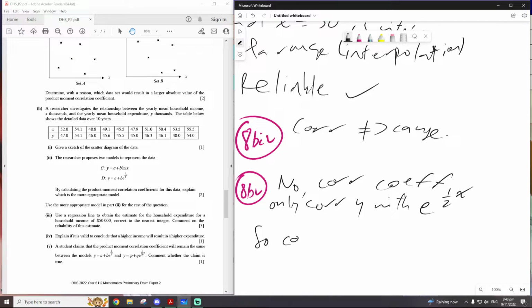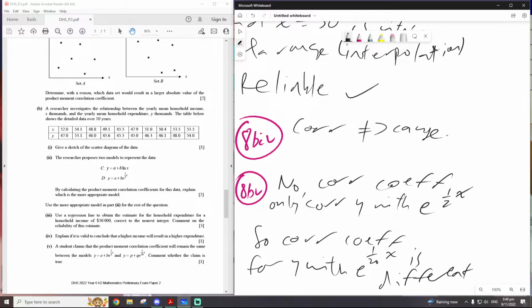So the correlation coefficient for y with e power 1 over 20x is different. Of course, you can also just calculate the r value using this new model, and you will also see that it's different now. Okay.